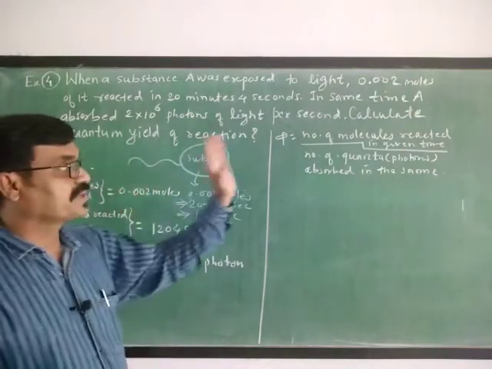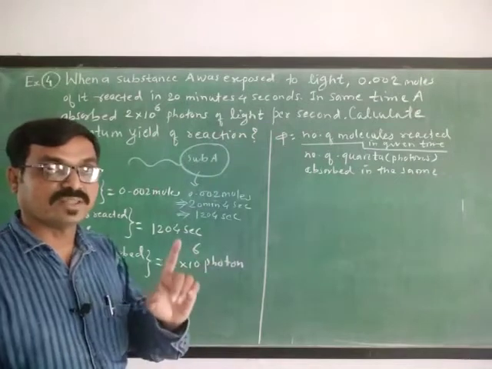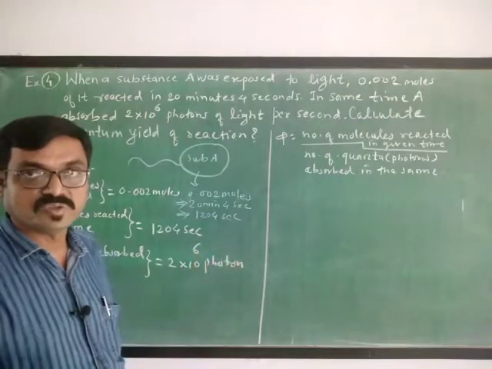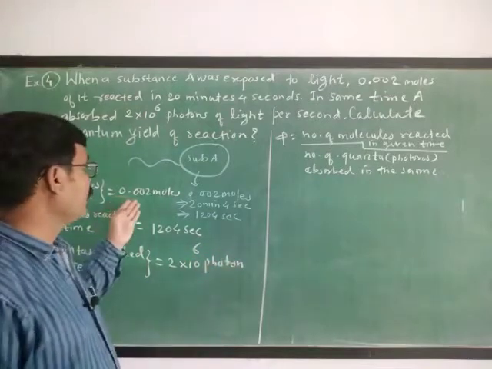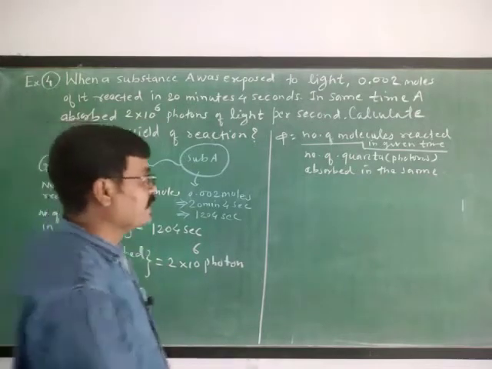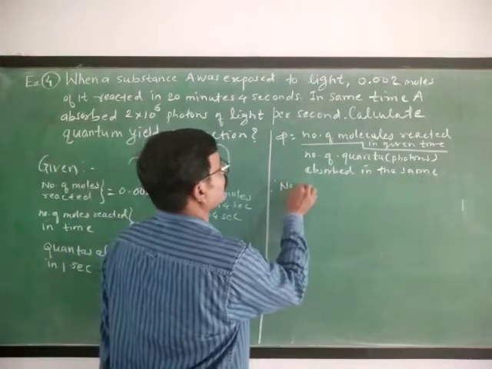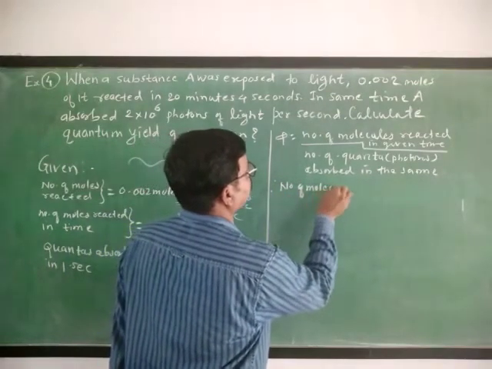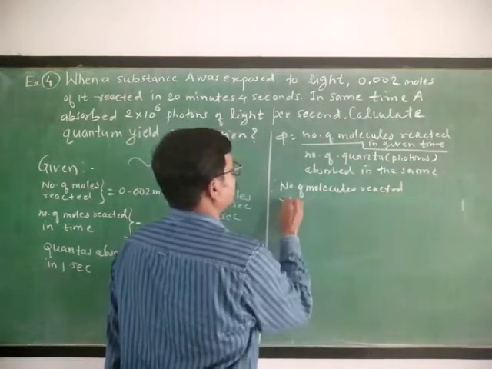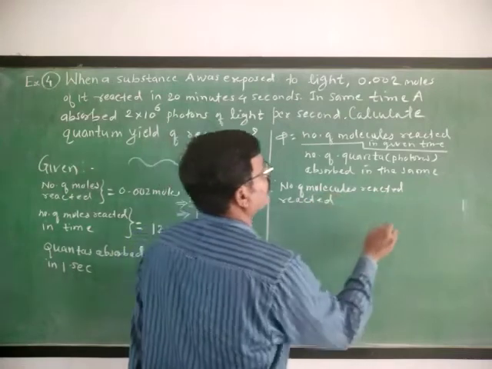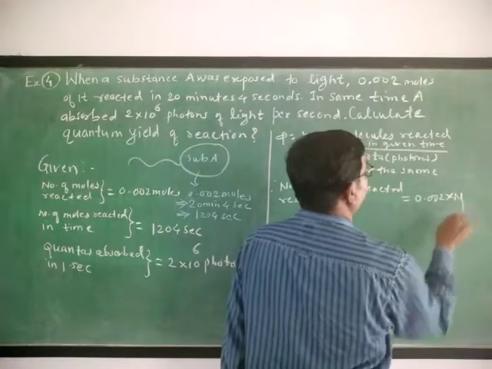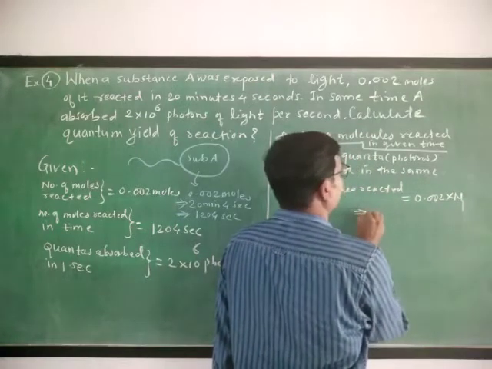Moles you have to transfer into molecules. For this you must know one thing. 1 mole of any substance contains the Avogadro's number of molecules. Means how many molecules are obtained from these moles. That's why the number of molecules reacted will be 0.002 multiplied by n, and n is nothing but Avogadro's number.